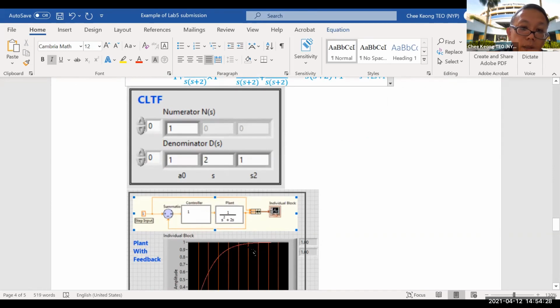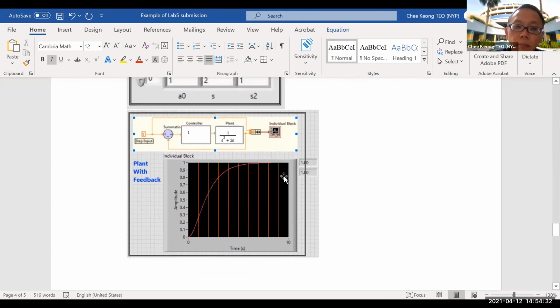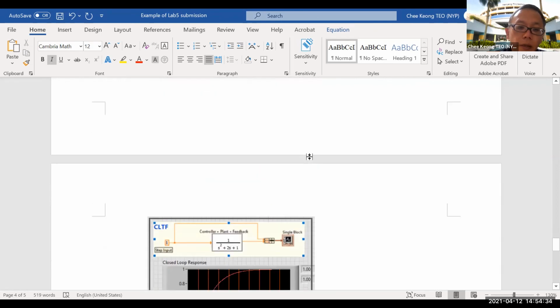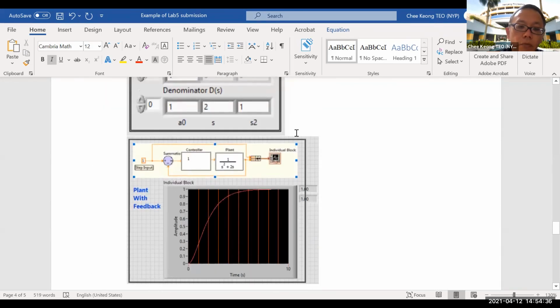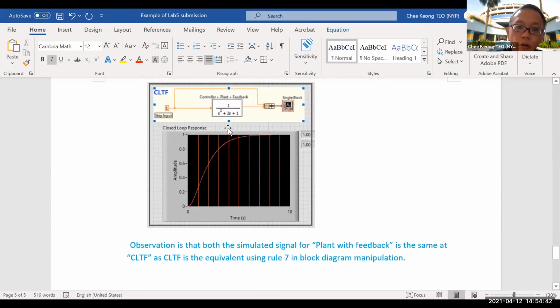By keying in this input and doing a run, you would actually get the same curve. This is for your with-feedback curve. You realize that the with-feedback curve looks this way, and your closed loop transfer function curve also looks the same. So the observation is that the simulated plant with feedback is the same as the closed loop transfer function.